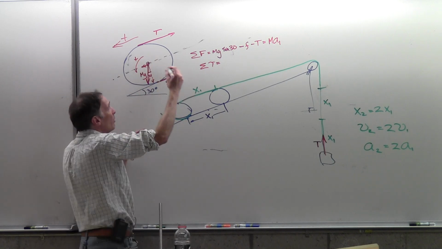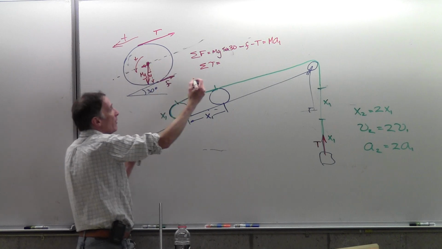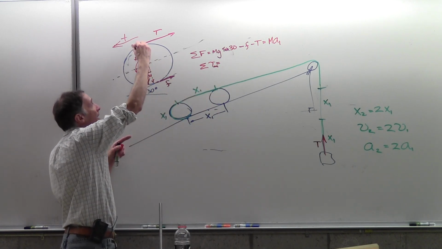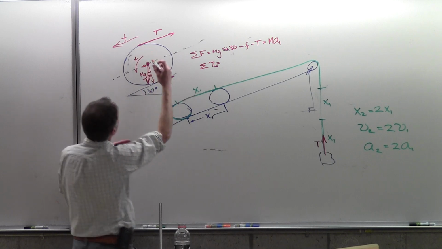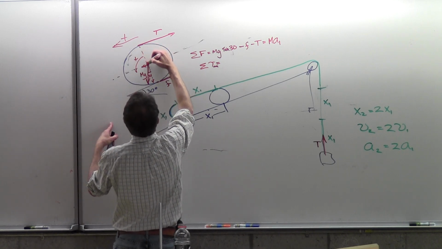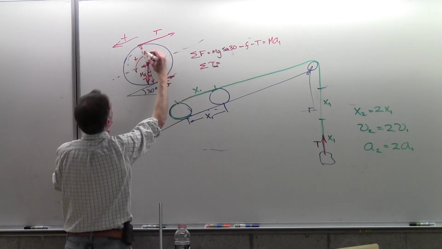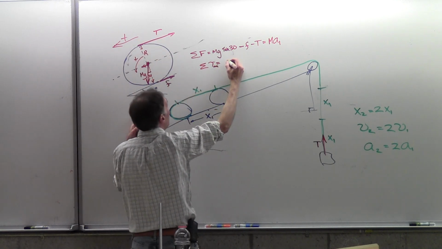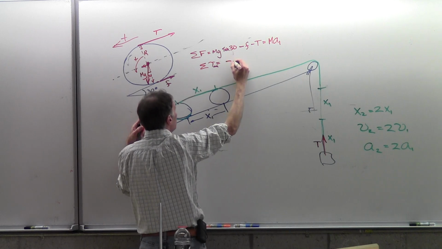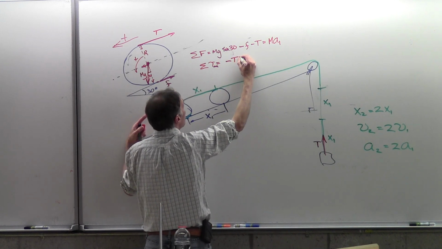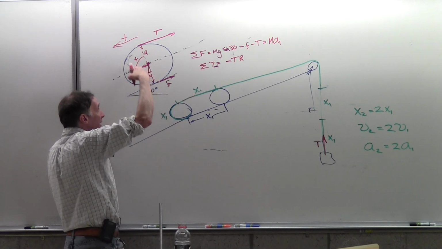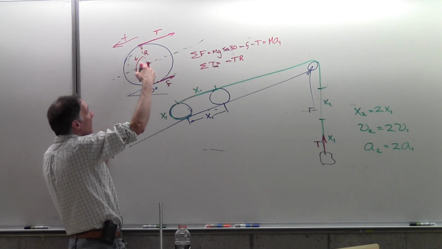I'm doing the torques around the center of mass of the wheel. That's important that I'm doing that. This is going to be R. This tension wants to get it to rotate in the negative direction, so I'll put minus T times that R. Okay, that's going to be that, wanting to roll it up the hill.